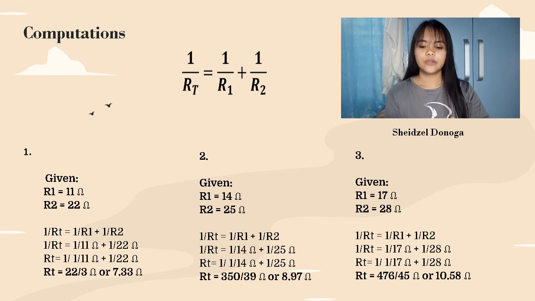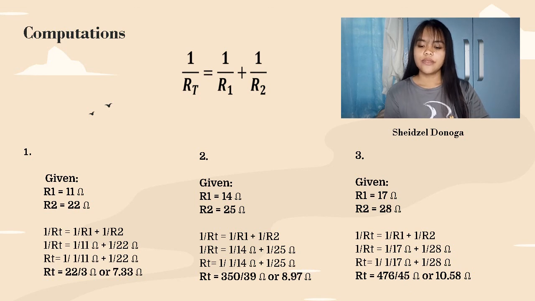We cross-multiply and turn the fraction into a whole number, the 1 over 11 plus 1 over 22, so that it will be easy to divide. And we came up with the total resistance is equal to 1 all over 1 over 11 plus 1 over 22. So the total resistance in trial 1 is 7.33 ohms.